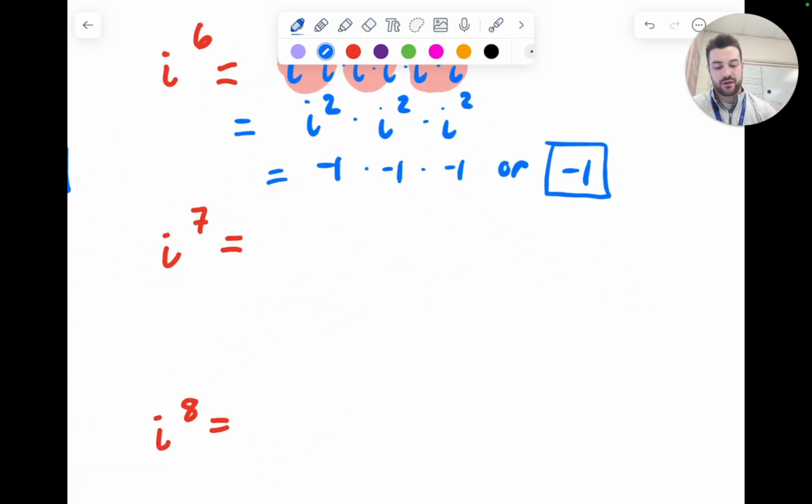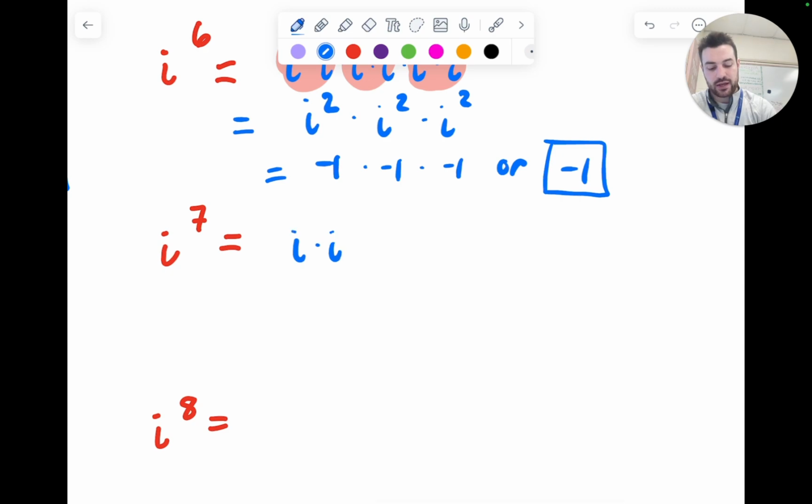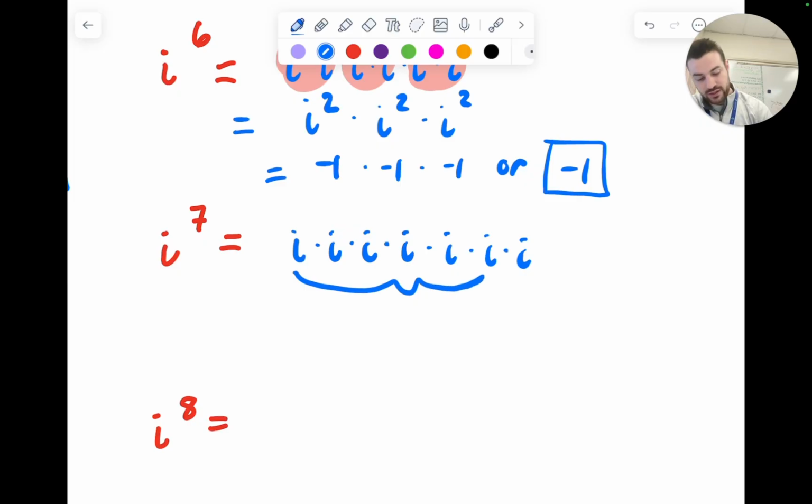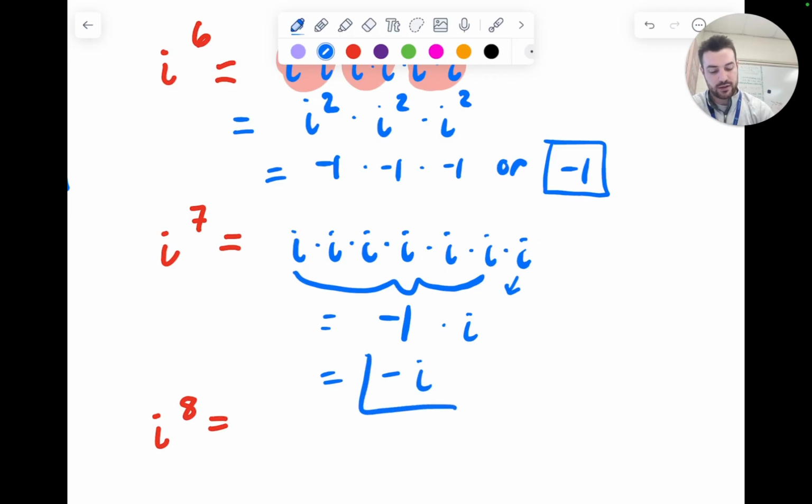Next, we have i to the seventh: i times i times i times i times i times i times i, 1, 2, 3, 4, 5, 6, 7. Using what we just did, we know that i to the sixth is -1. So we get -1 times i, which is -i.